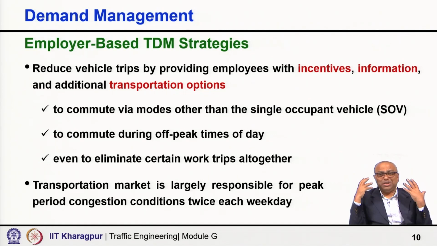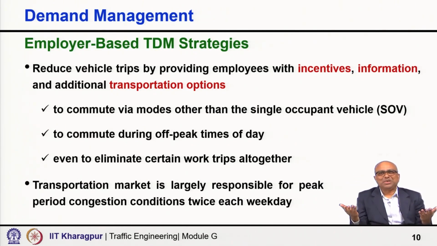Here, what we are trying to say is, at the employer's end, what all can be done to do better demand management. Again, everywhere the key is to reduce the number of vehicles, or reduce travel, or reduce the overall demand for travel during the peak hour and thereby improve it.